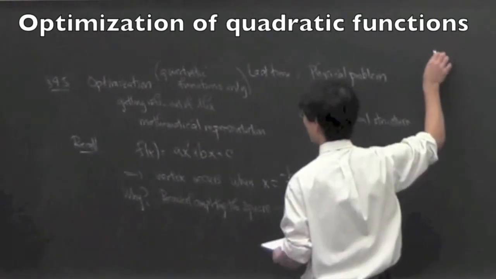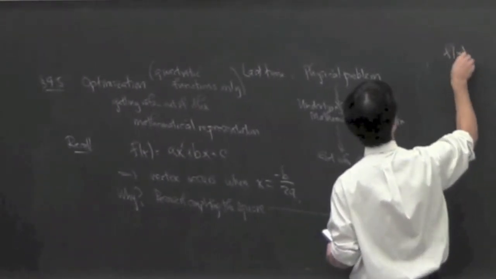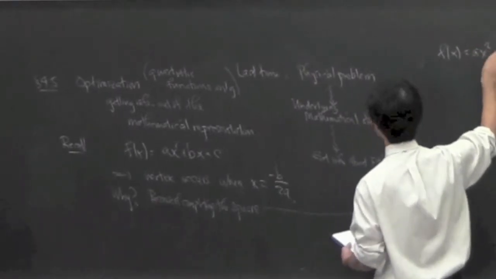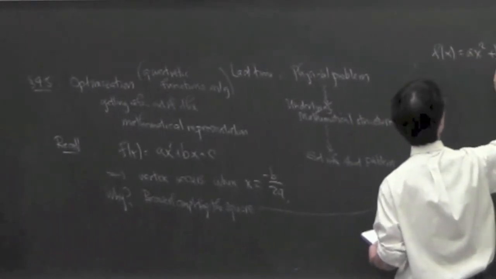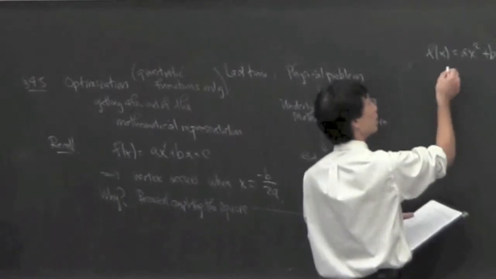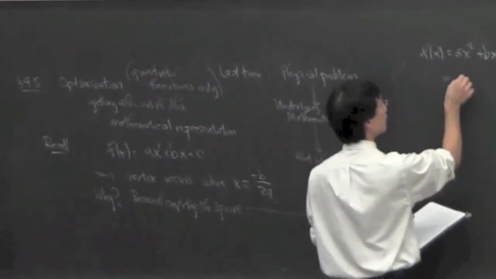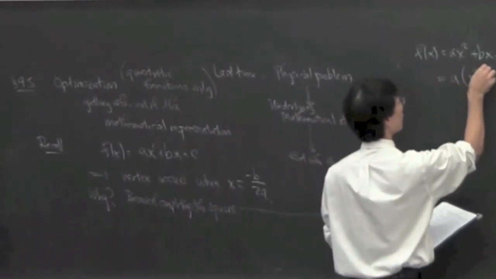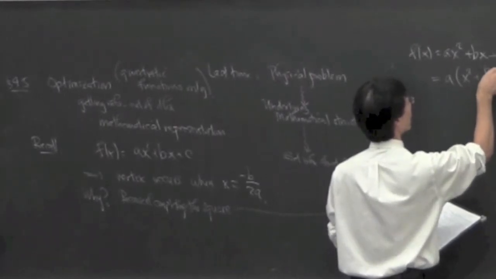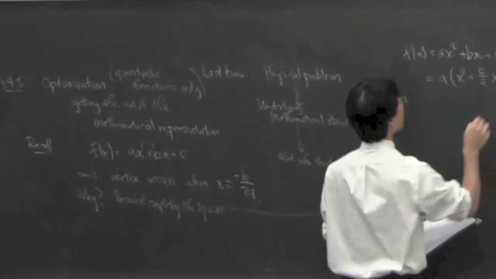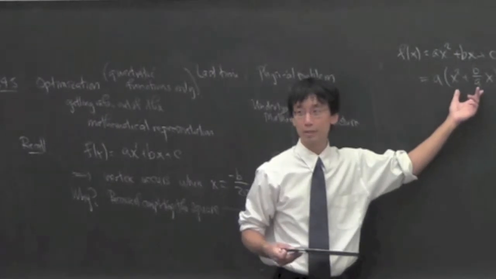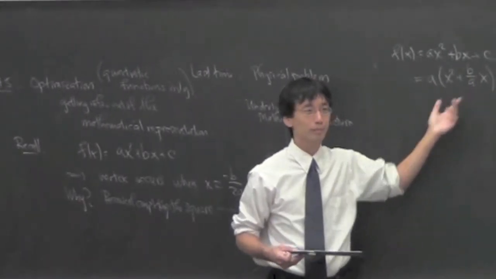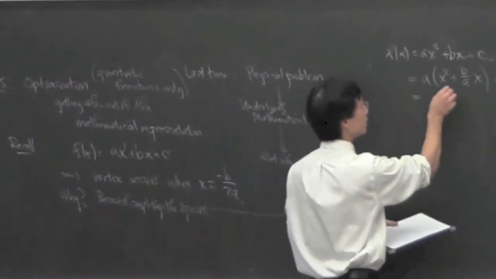So let me just make sure that everybody knows what Tiffany knows. We'll do completing the square on this guy. We'll say a x squared plus b over a x plus c. We'll rewrite it, and then we do completing the square on this thing.